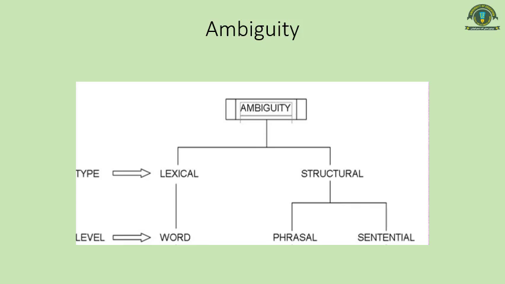And if we find the ambiguity at the phrasal or sentential level, then it would be structural ambiguity. So here we will discuss ambiguity at 2 levels, at lexical level and at structural level.